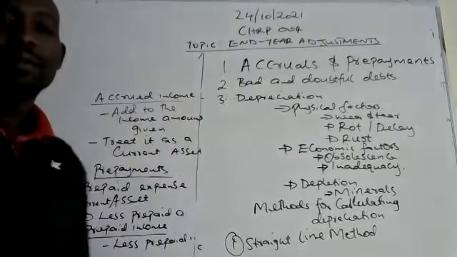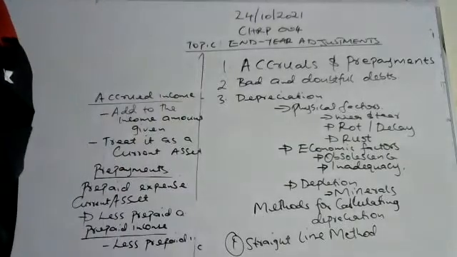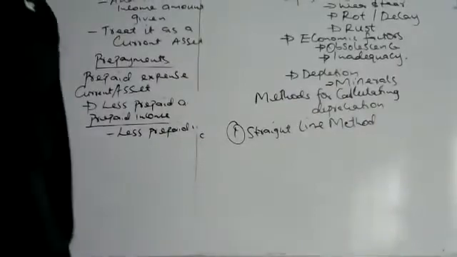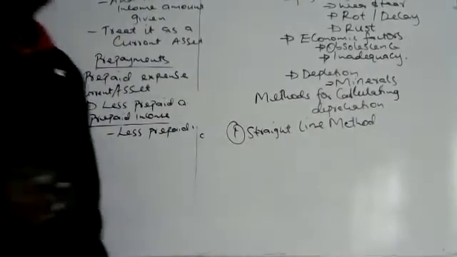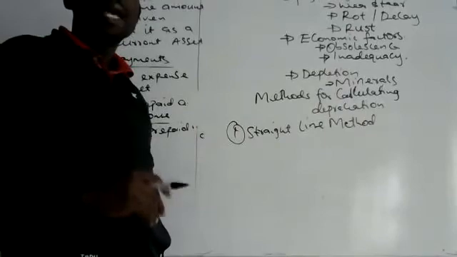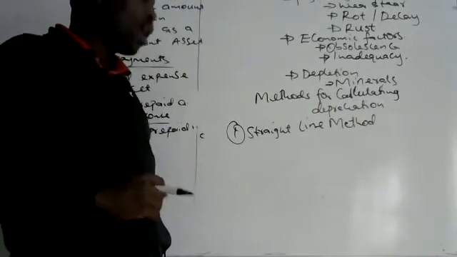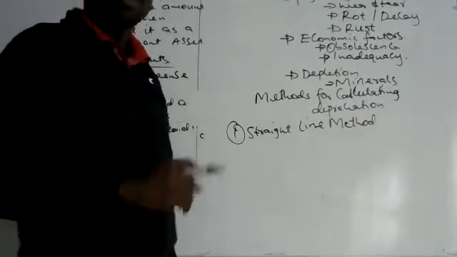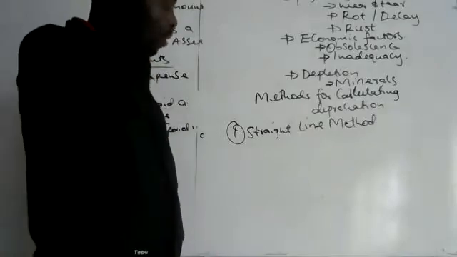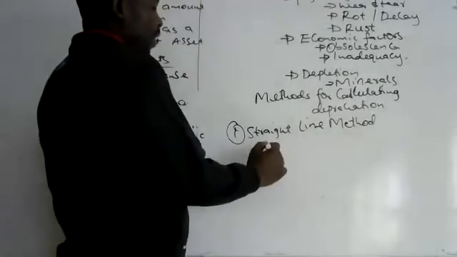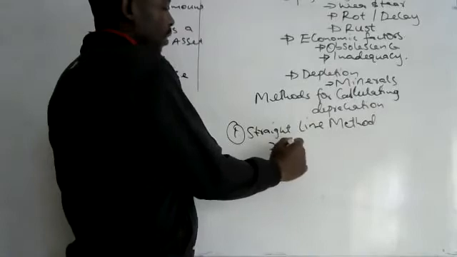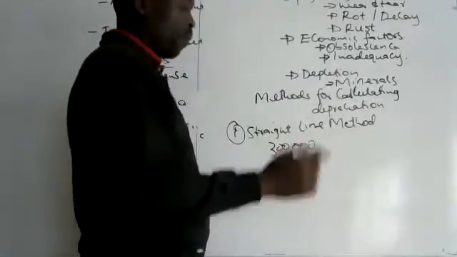Straight line method. This method assumes that the depreciation of an asset remains constant throughout the useful years of the asset. That is to say, if, for example, I have an asset that I bought at 300,000, I use it for 4 years.